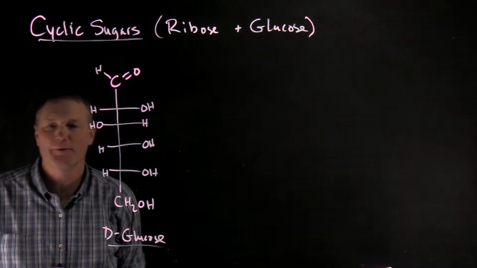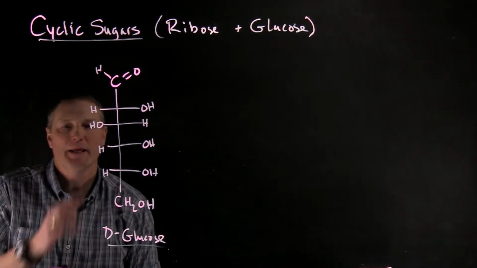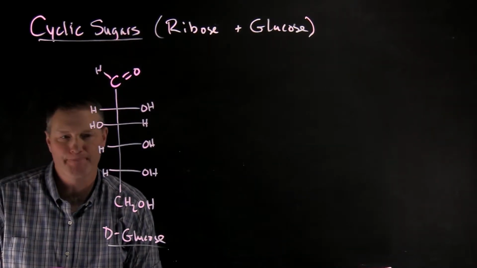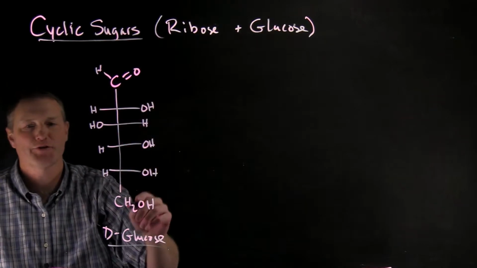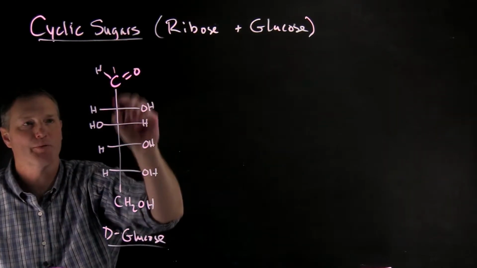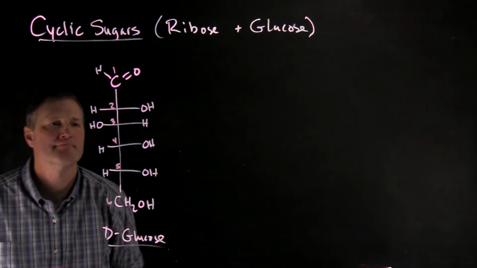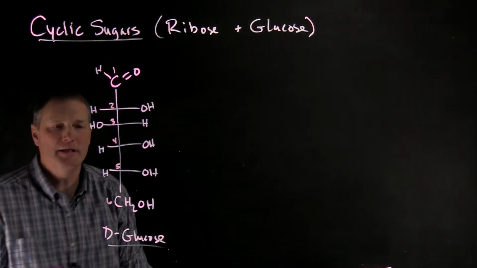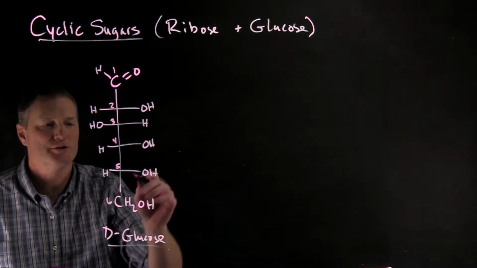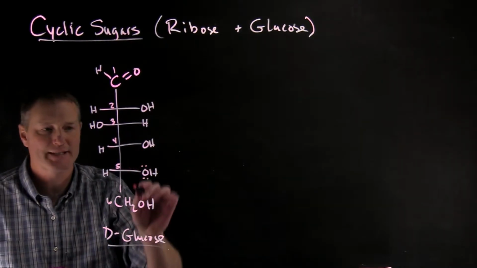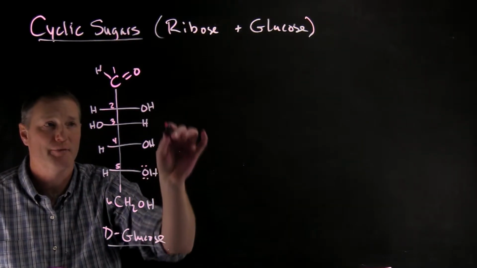So what I'd like to show you now is how glucose can actually form a cyclic sugar as well. So we've drawn now the Fischer projection of D-glucose. This is carbon 1, 2, 3, 4, 5, 6. So when we look at glucose, the OH group that's going to actually want to cyclize is the one at carbon 5.